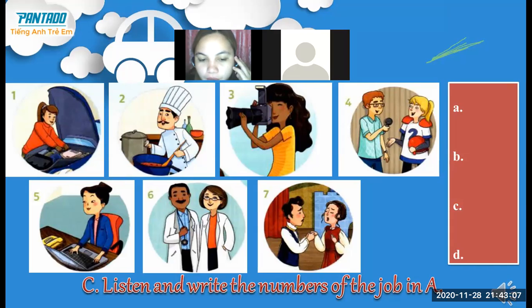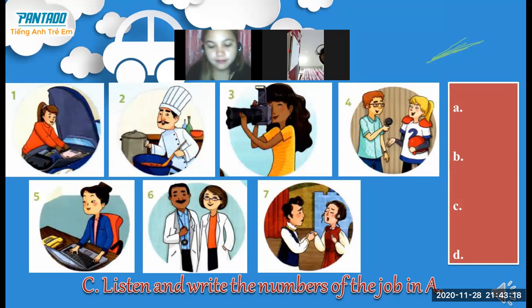Okay, so what do you think is the job in letter A? Letter A is 2. Okay, let us see. Letter A is 2, correct? How about letter B?